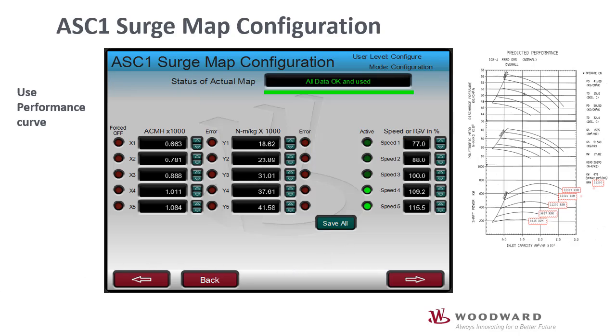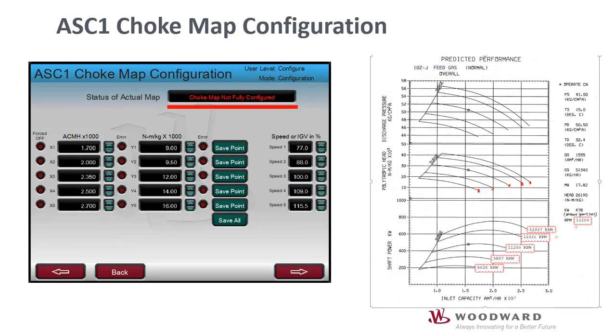Now next, if you are having choke map selection, then we need to further enter choke points. In order to enter choke points, the bottom-most points of these map speed lines reflect the choke points.